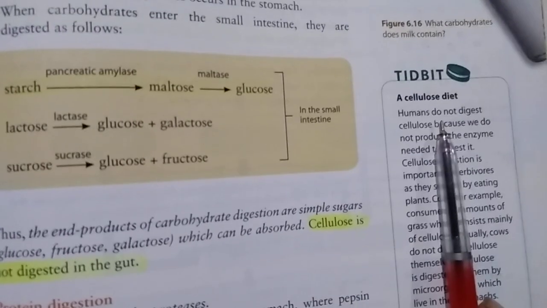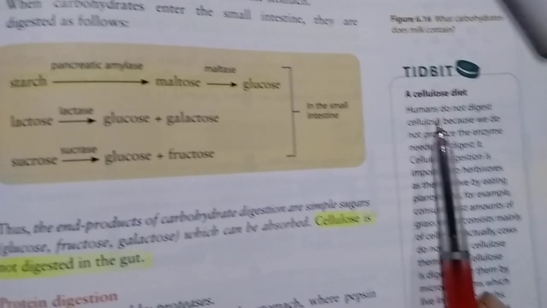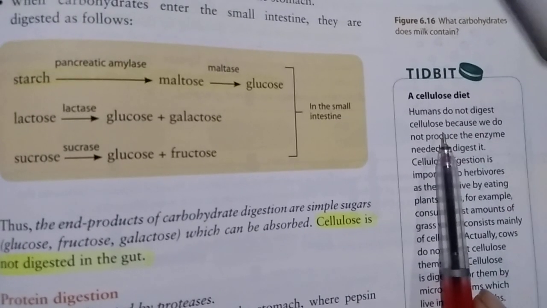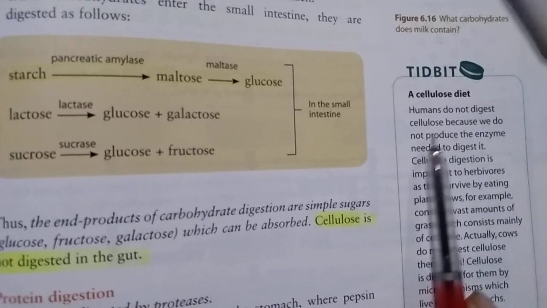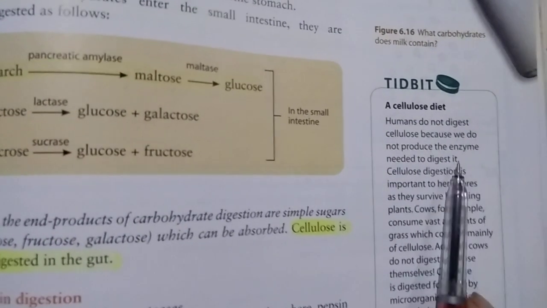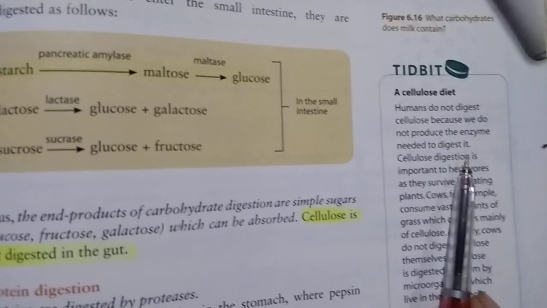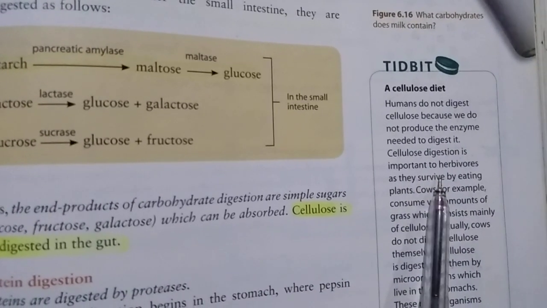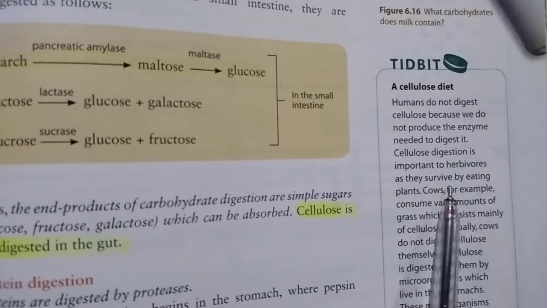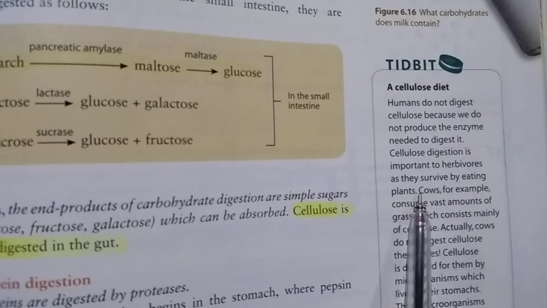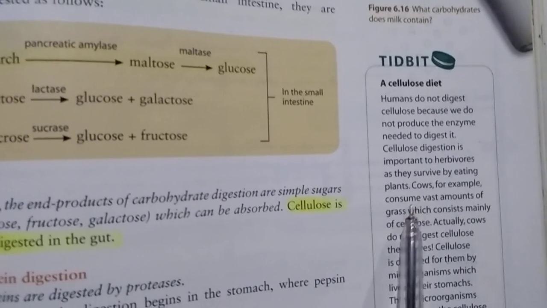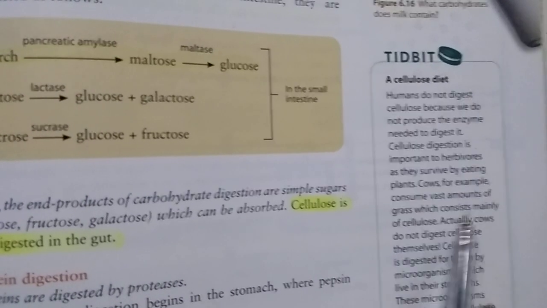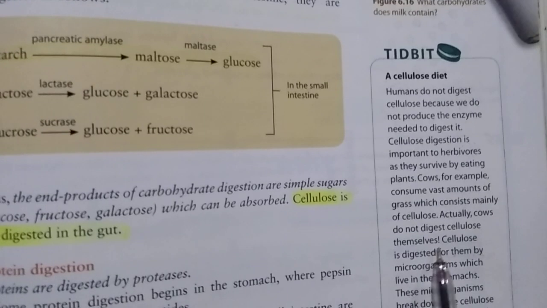Cellulose diet. Humans do not digest cellulose because we do not produce the enzyme needed to digest it. Cellulose digestion is important to herbivores as they survive by eating plants. Cows, for example, consume vast amounts of grass, which consists mainly of cellulose.